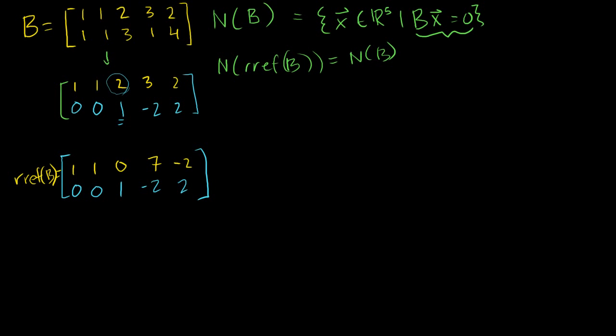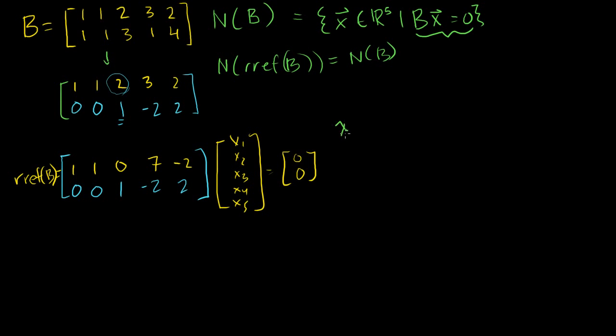And then if I wanted to figure out its null space, I have x1, x2, x3, x4, and x5 equaling 0, with 2 zeros right here. Now I can just write this as a system of equations. So let me do that. I get x1.